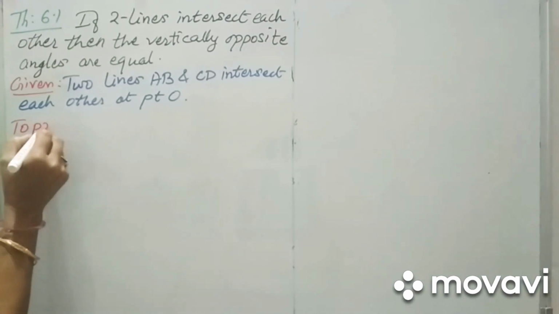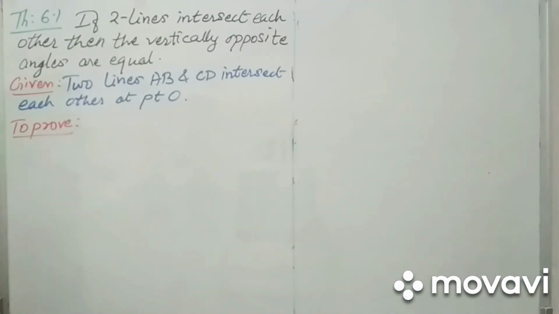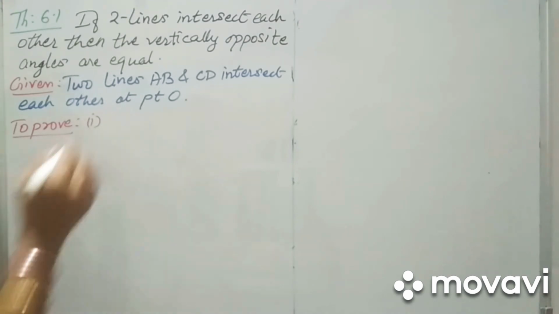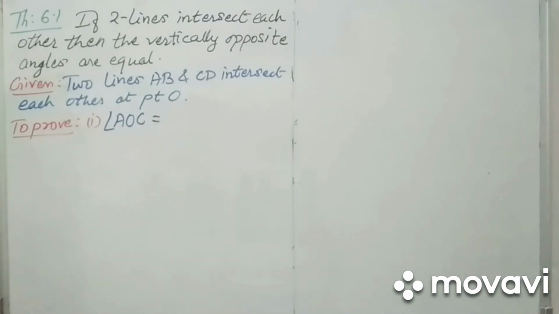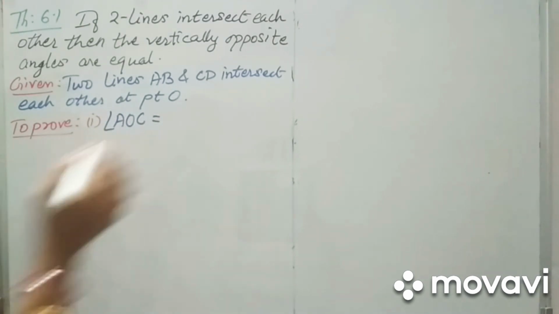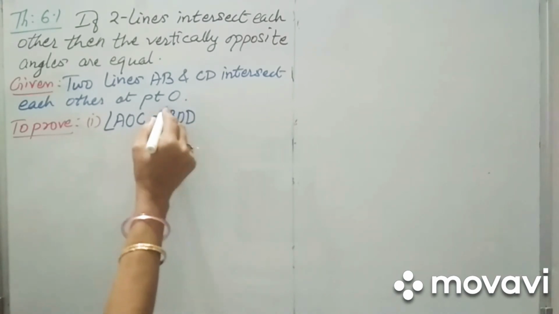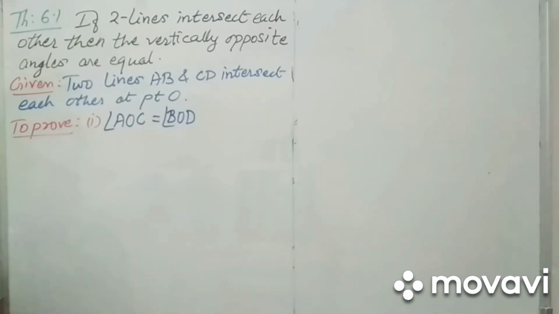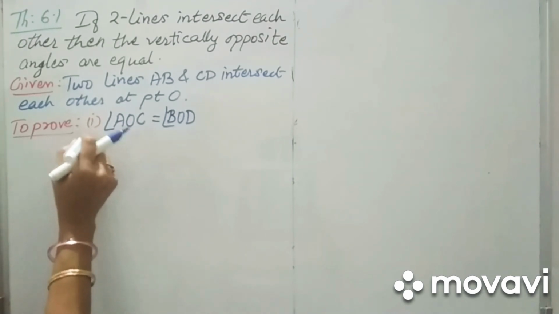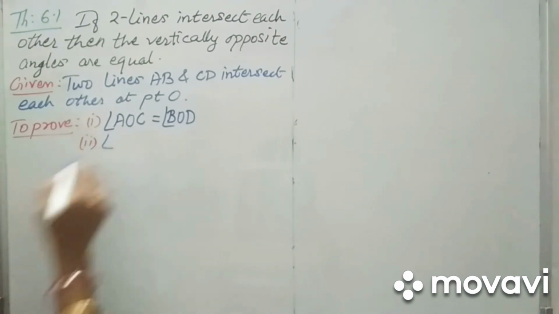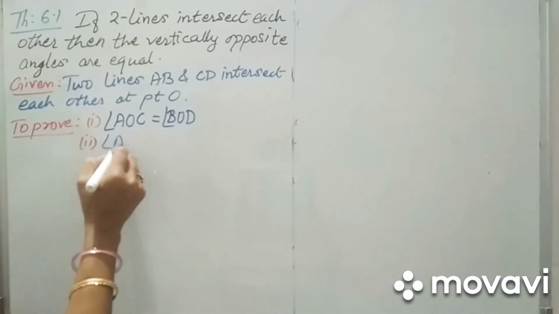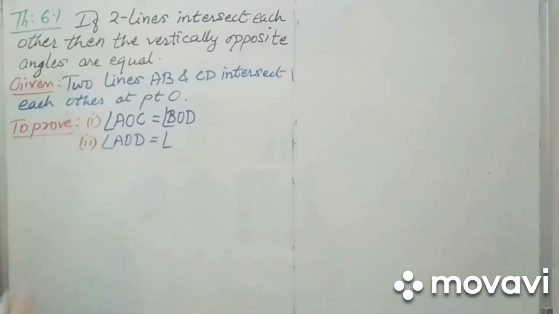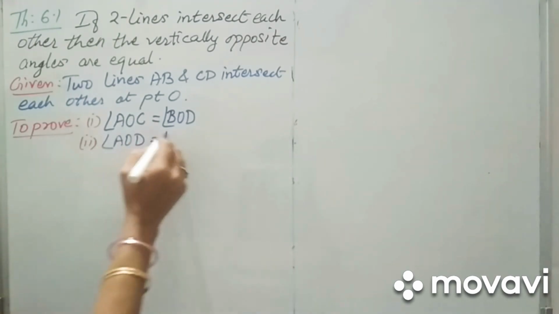To prove means we have to find out, first, that angle AOC is equal to angle BOD, and second, angle AOD is equal to angle BOC.